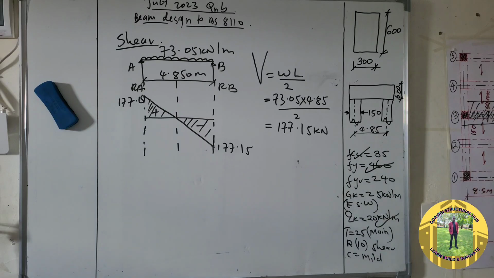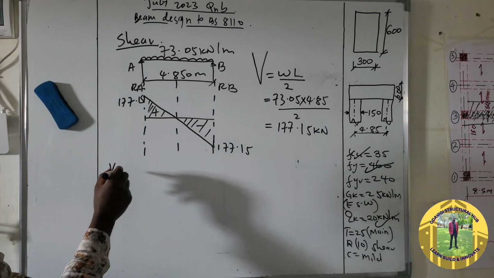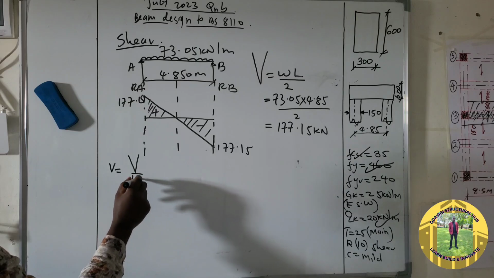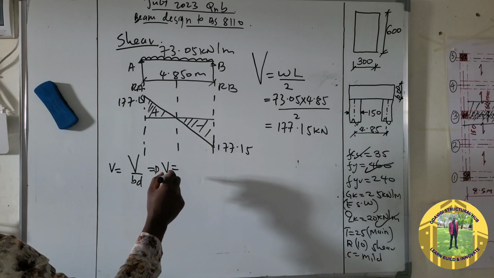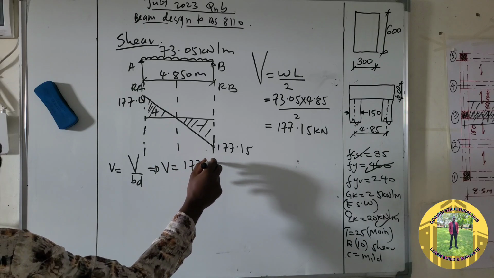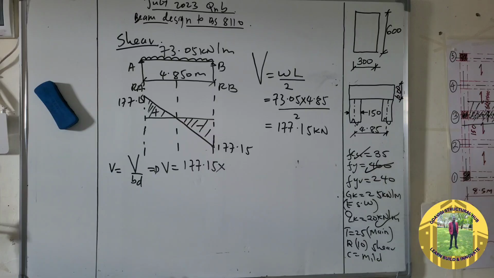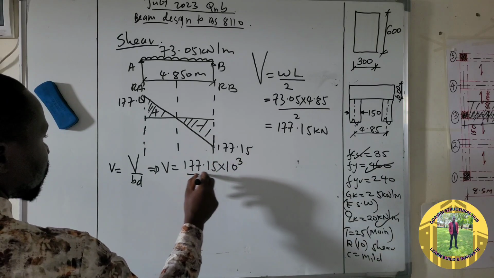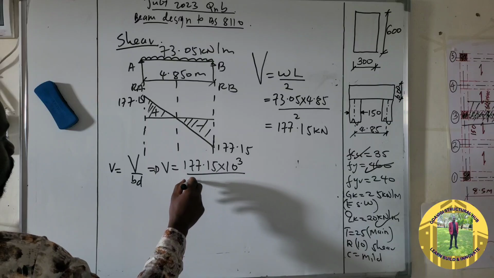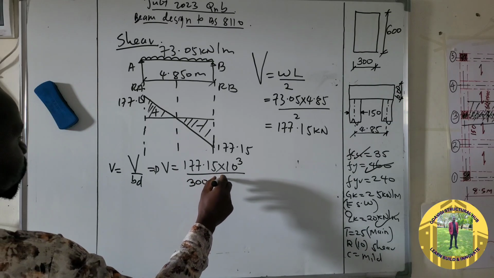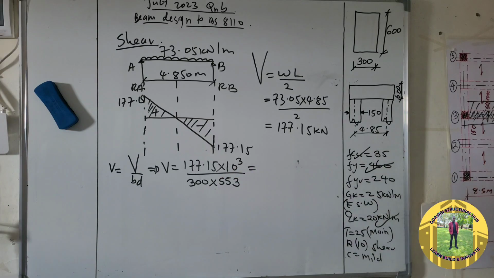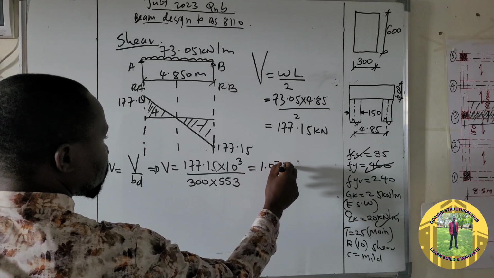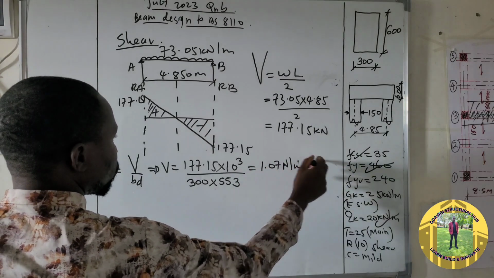So the shear stress, which is small v, is equal to V over bd, which implies v is equal to 177.15 times 10 raised power 3 over b, which is 300, times 553. So this one is equal to 1.07 Newton per millimeter square.